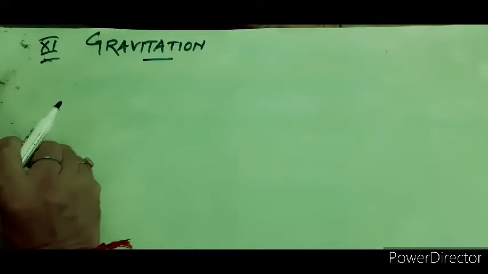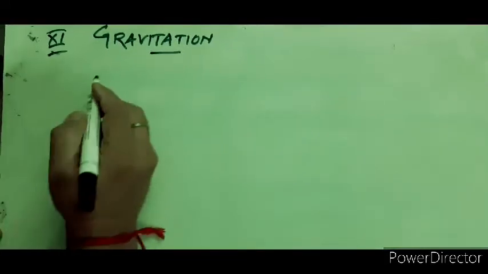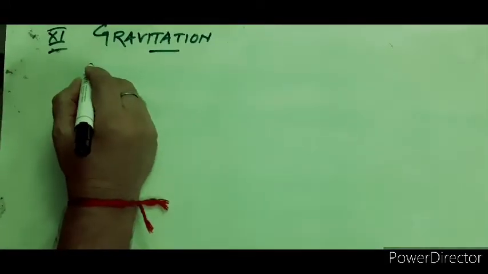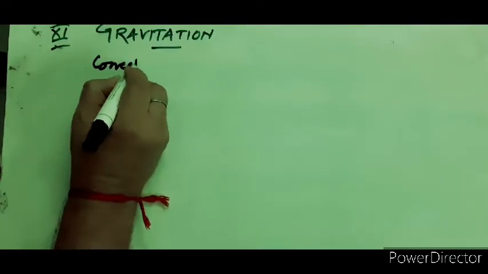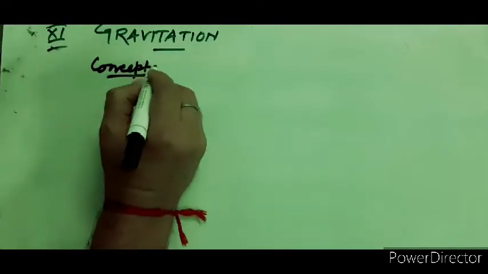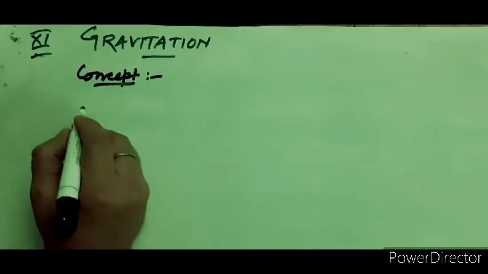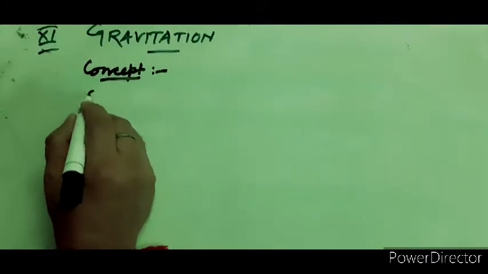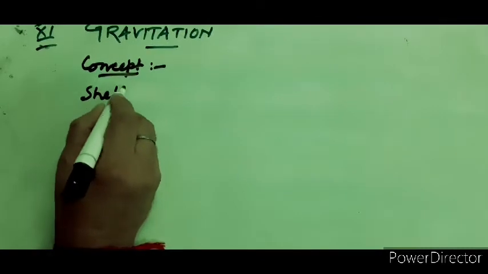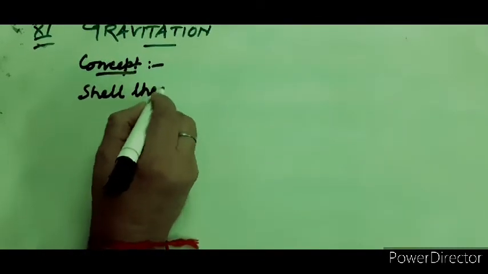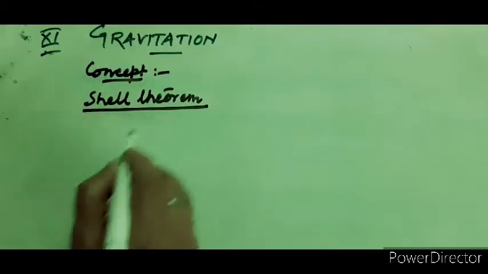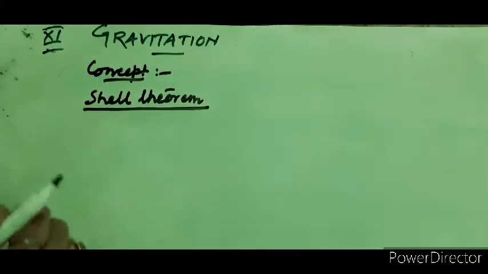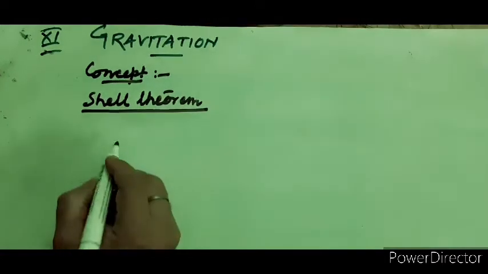Another very important point of this gravitation, especially in class 11, is a very important concept. Try to understand this concept. The concept is known as the shell theorem. However, it is not in the syllabus, but you have to remember this important point. Shell theorem is the gravitational force.